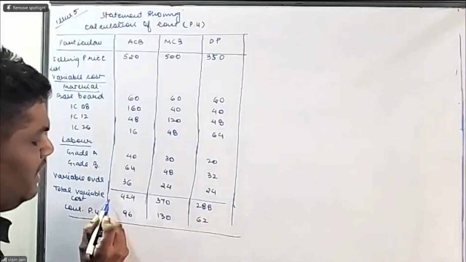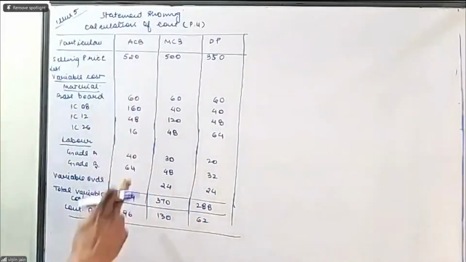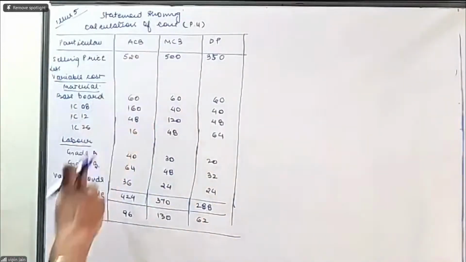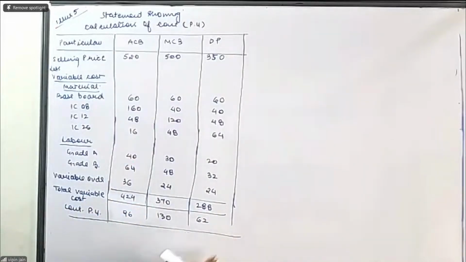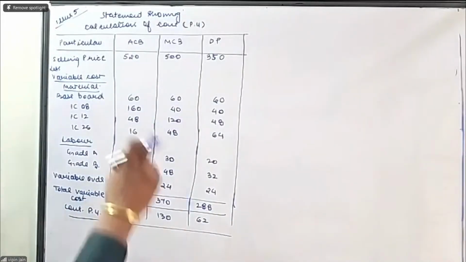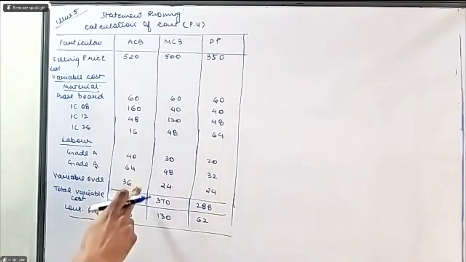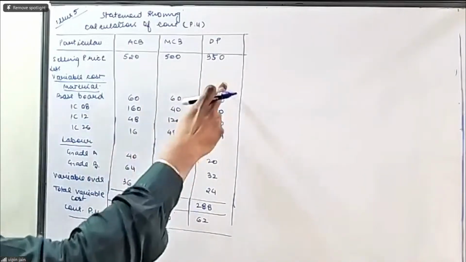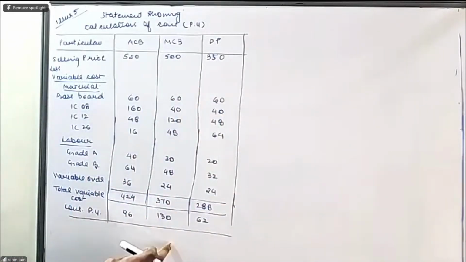See, this is the total variable cost. This is the selling price. This is the total variable cost. Sales minus variable cost, we will get contribution per unit.